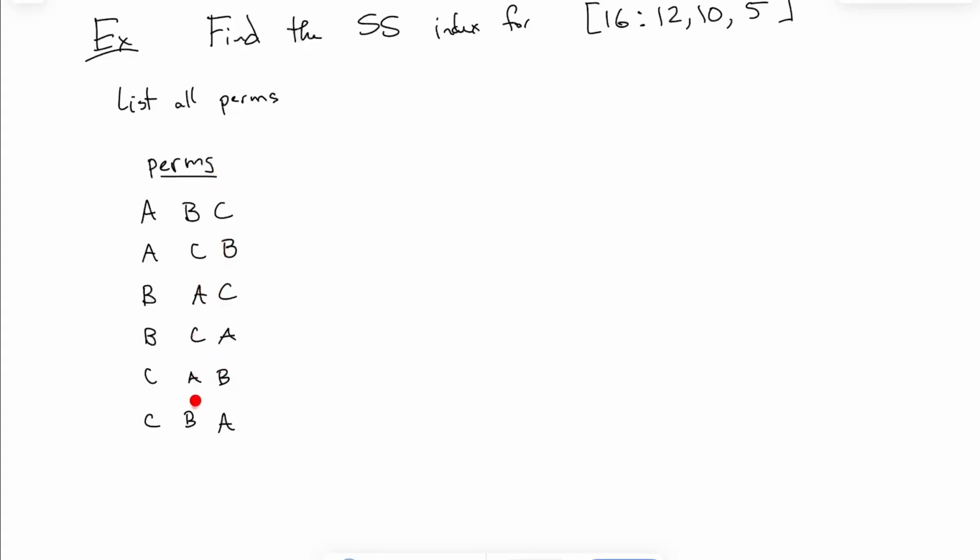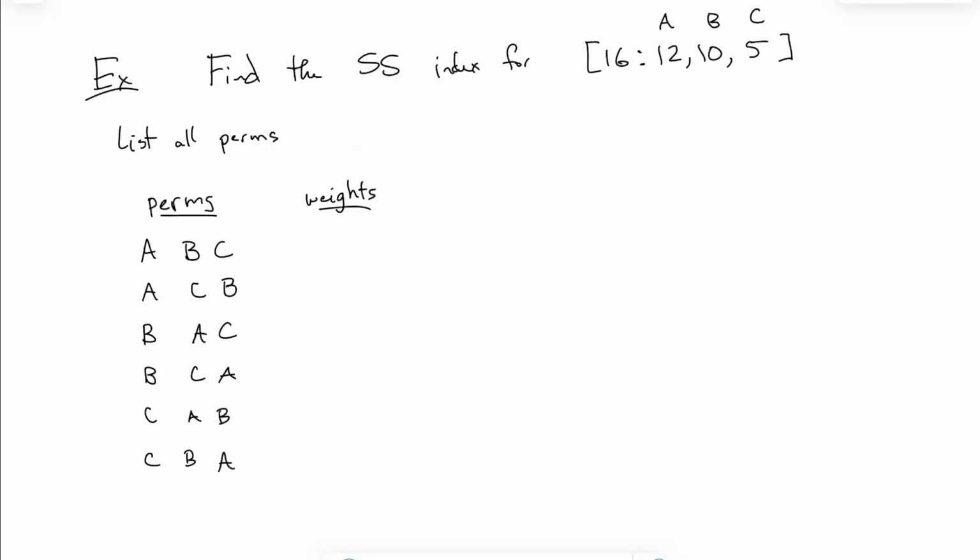It doesn't matter if the rows of this chart are rearranged, but you have to make sure you have all 6. And then, just to help myself out, I'm going to have a column of just the weights in those particular orders. So A, B, C, I'm writing those again, but with the numbers instead of the letters: 12, 10, 5.